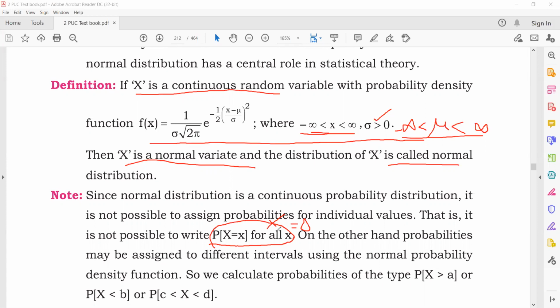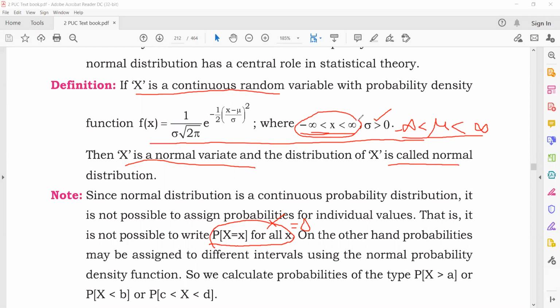If you ask what is the chance that it takes a particular value, that particular value is 1 out of infinite possibilities. If you apply the mathematical definition m by n, m is just 1 and n is infinity, because you are talking about an infinite set of observations. So we say the probability is zero.